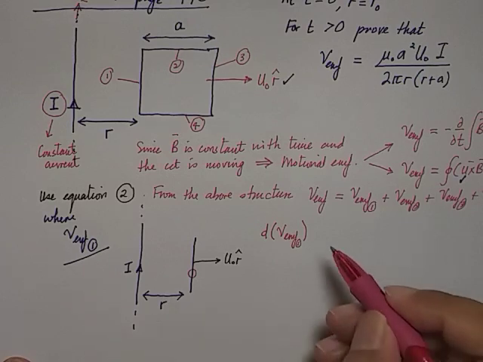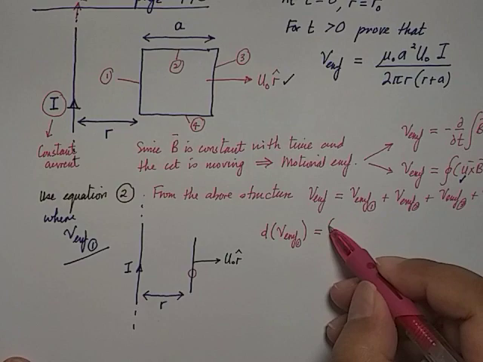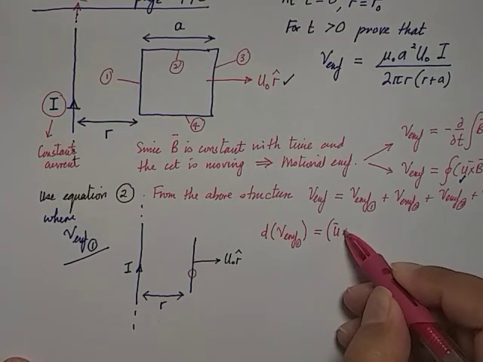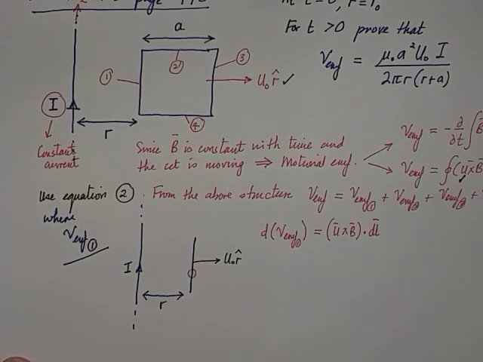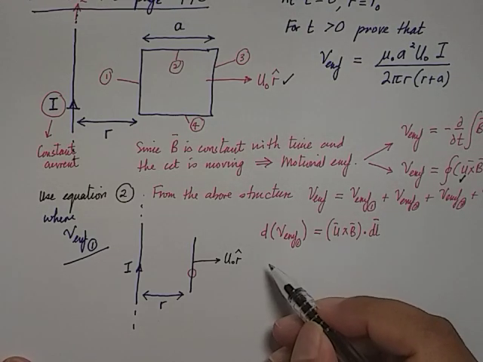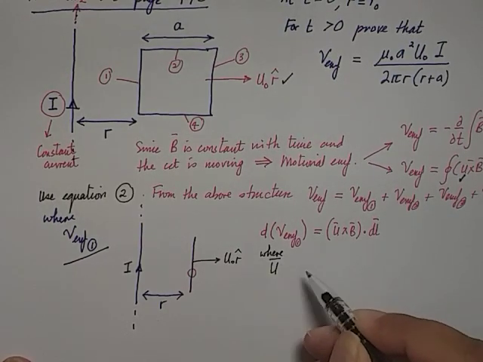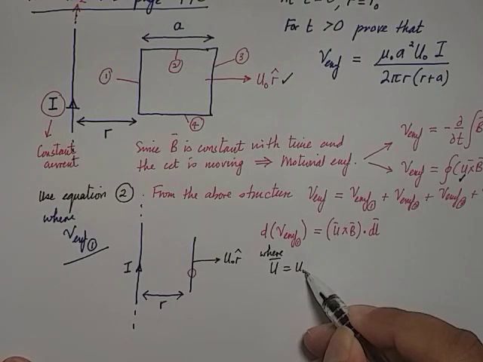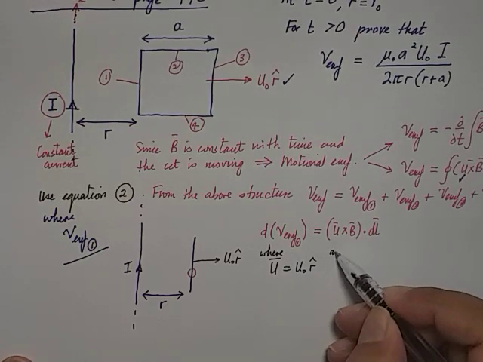We refer to our equation number 2, u cross B dot dl. Now we have to relate the equation to our diagram. So what is u? Well, u in this case is u naught R, given by the question, and B. Okay, how do I determine the B?